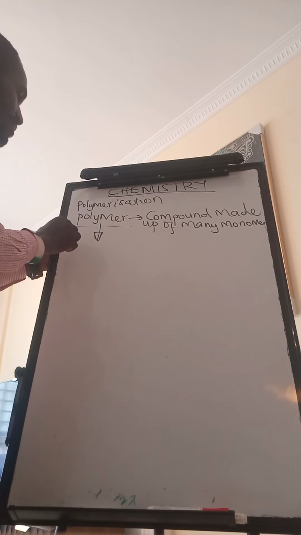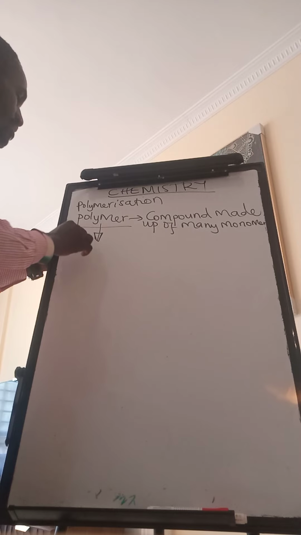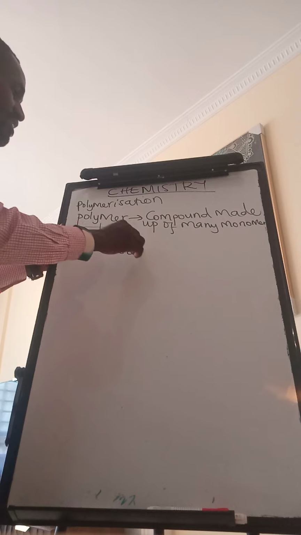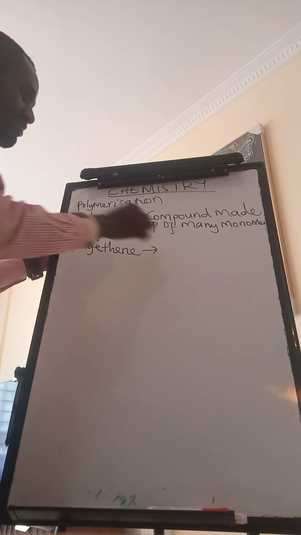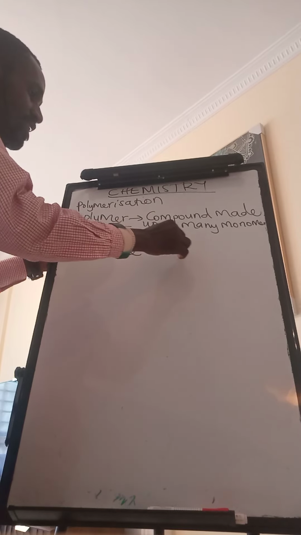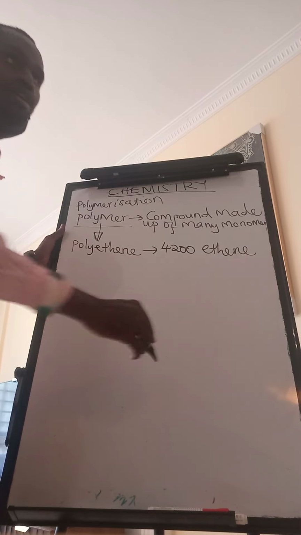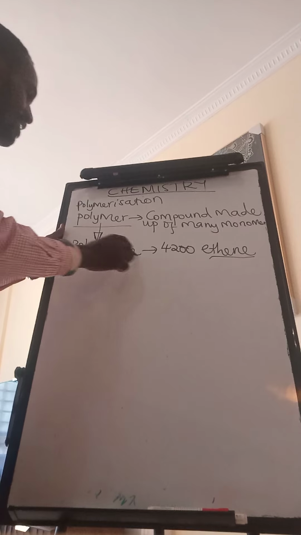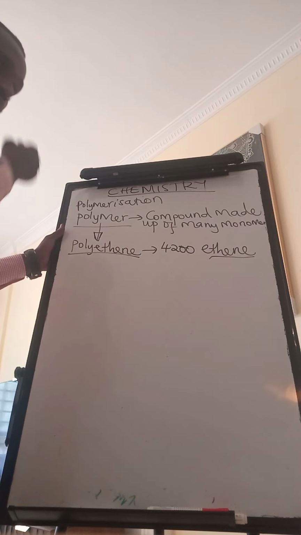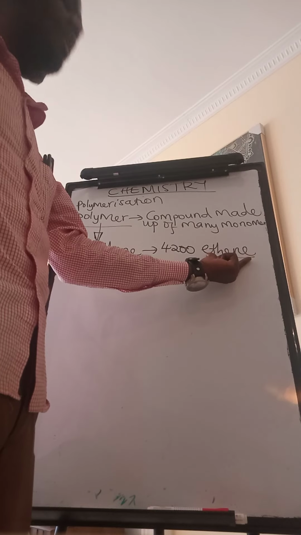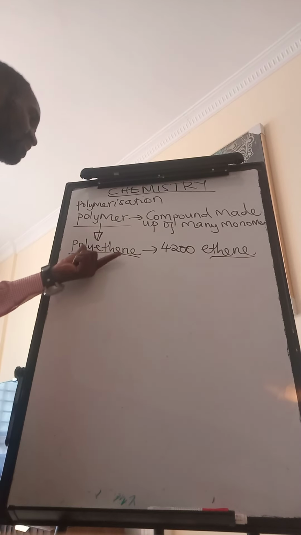For example, there's something called polyethylene, an example of a polymer. Polyethylene can have 4,200 ethene molecules. So the ethene becomes the monomer and the polyethylene becomes the polymer. You can imagine compressing 4,200 ethene molecules to form the polyethylene.